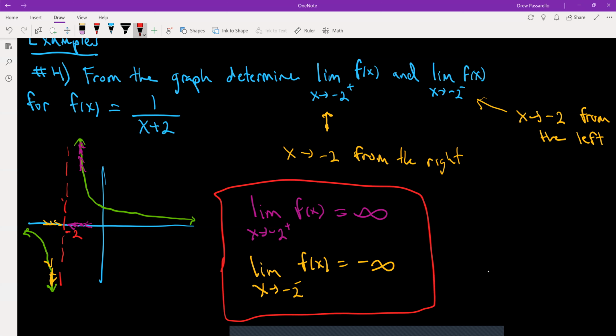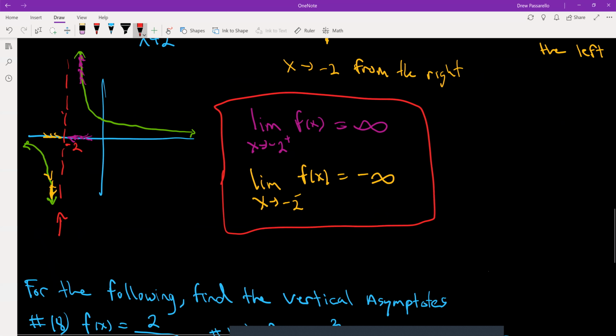And you can tell from the graph itself, it has that red dashed line, and that red dashed line is the vertical asymptote. And that occurs at x equals -2. So this is just a common vertical asymptote at x equals -2, because the behavior of the graph for the one-sided limits go to infinity or -infinity.